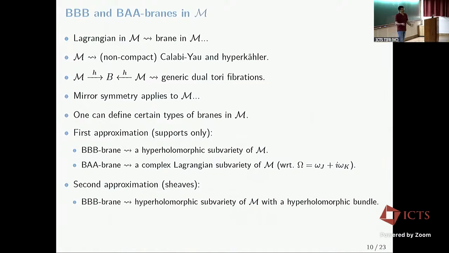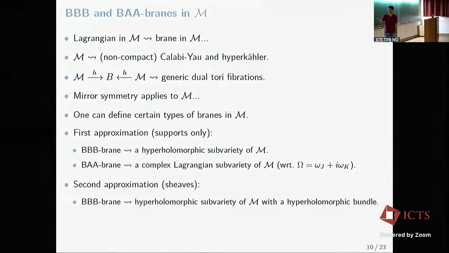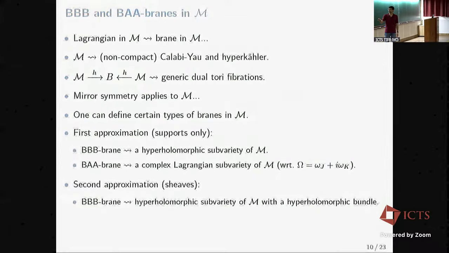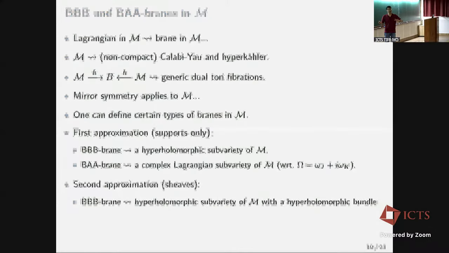But now branes have more structure on them. They have sheaves or bundles. So a BBB brane is actually a hyperholomorphic subvariety together with a hyperholomorphic bundle on it, so a bundle with a connection whose curvature is type (1,1) in the three complex structures. I think it's a well-established notion.